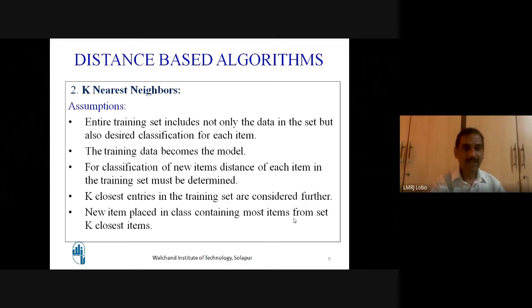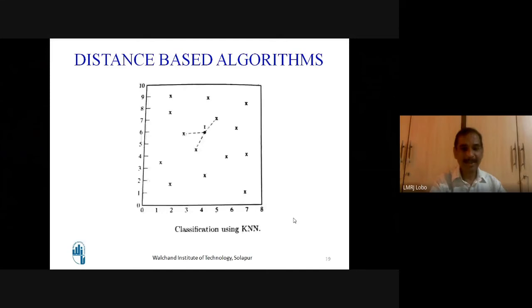For the classification of new items, the distance to each item in the training set must be determined. And we find the k closest entries in the training set, which will be treated as neighbors for further consideration. Now, this new item is placed in the class containing most items from the set of k closest items which are considered to be neighbors.